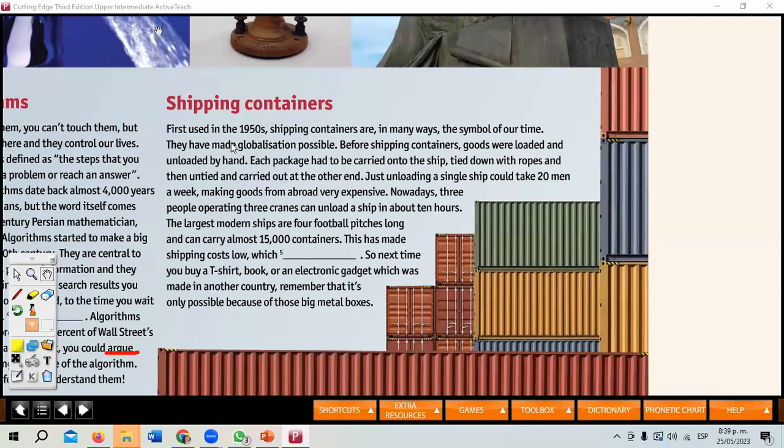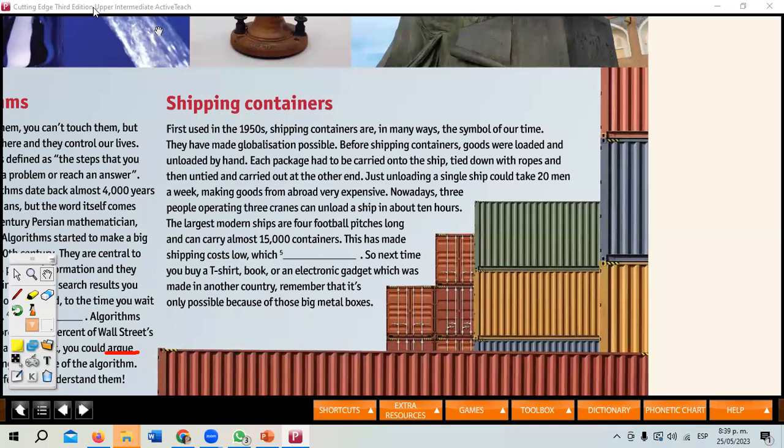Nowadays, 3 people operating 3 cranes can unload a ship in about 10 hours. The largest modern ships are 4 football pitches long and can carry almost 100 containers.